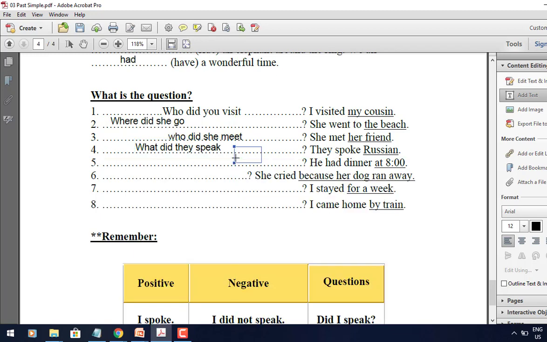Number 5. He had dinner at 8. We ask about at 8. It's time, so we can use when, or better to use what time. Then did, then the subject he, and the verb in the simple form; had is have. What time did he have dinner?